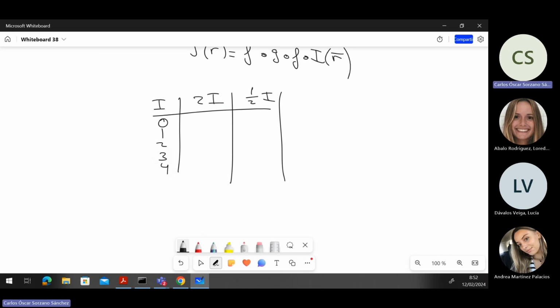So 2i: 0 goes to 0, 1 goes to 2, 2 goes to 4, 3, and so on. The half of i: 0 goes to 0, 1, let's say that we round down, so 1 goes to 0, this goes to 1, 1.